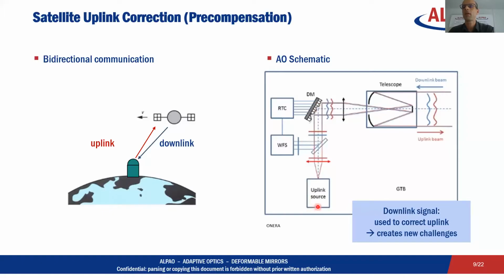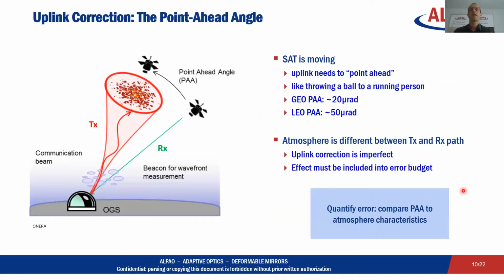Then in parallel, at the same time, we use a very strong laser, the uplink source, which goes through the same optical system, hits the DM, and therefore leaves the telescope with the pre-distorted shape. So we will gain something by this technique, but it also creates new challenges, and we will discuss these on the next slide.